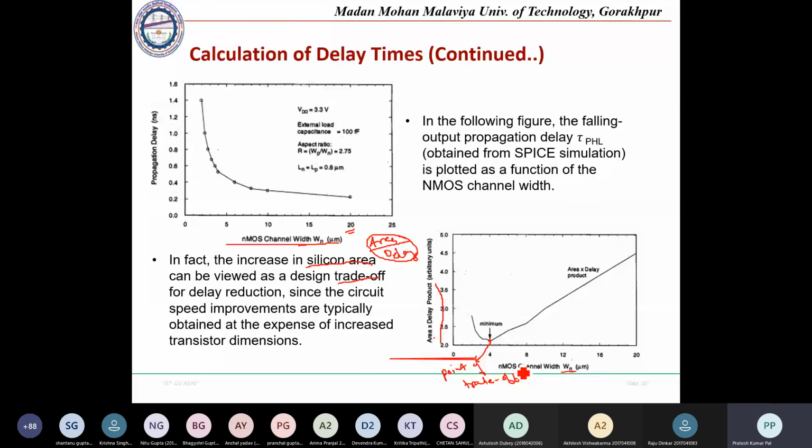So with respect to width, we will plot the area into delay product, and wherever we find the minimum point, where the W value will be some value, that minimum of the area and delay product plot will give you the optimized or trade-off point for the area and delay parameters. This is how we should define it.